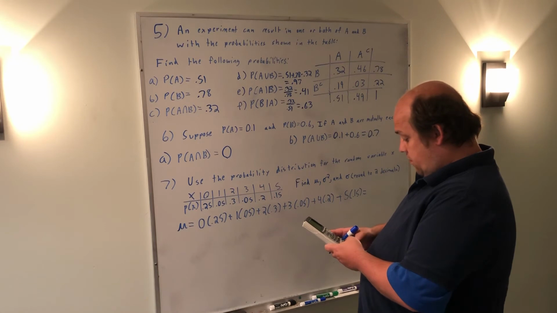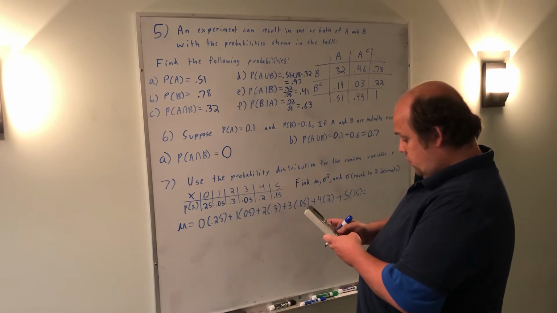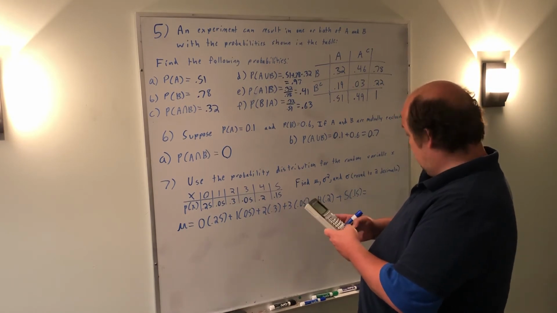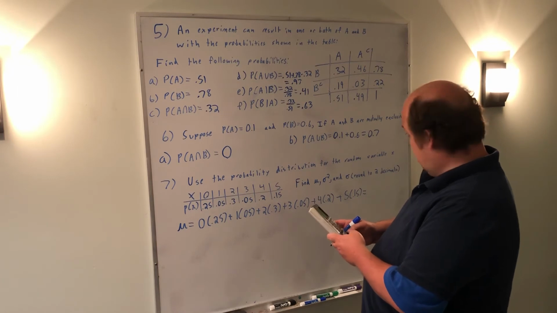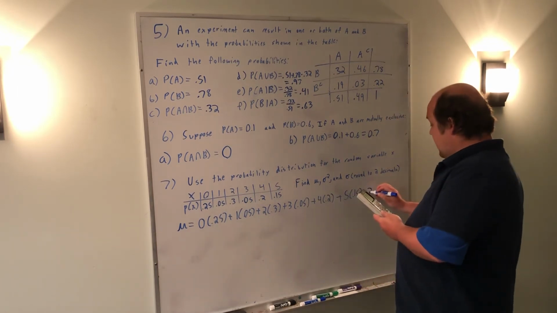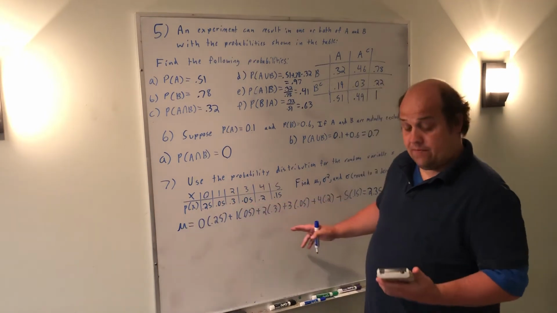So 0.25 plus 1.05 plus 2.3 plus 3.05 plus 4.2 plus 5.15. When I add them all together, I get a mean of 2.35. That's the correct answer for mu, the mean of my table.